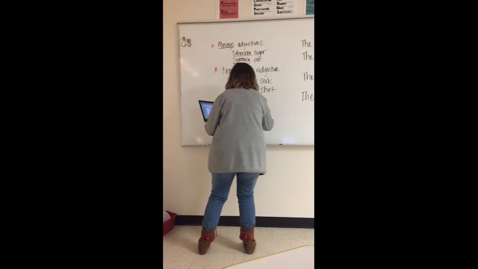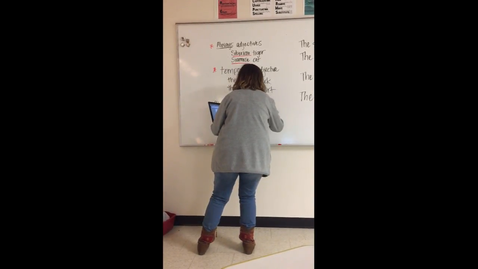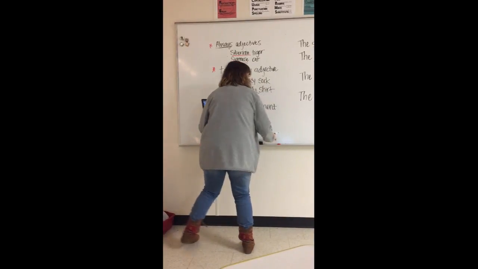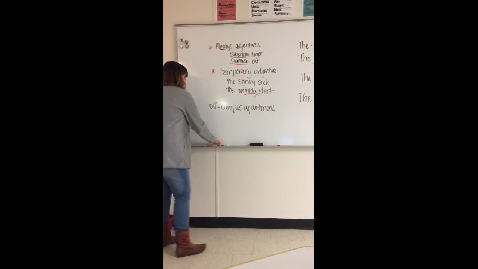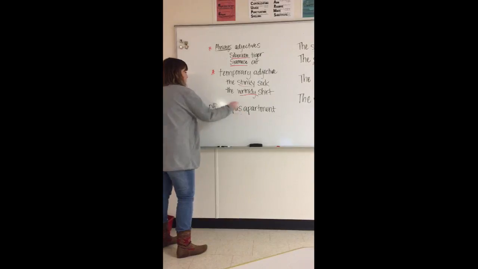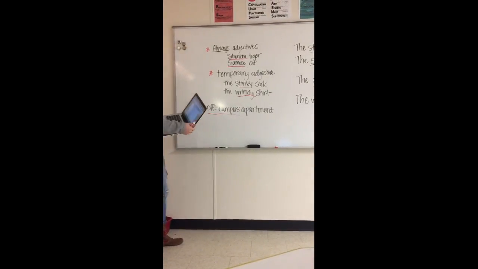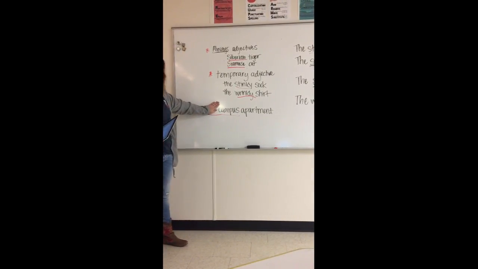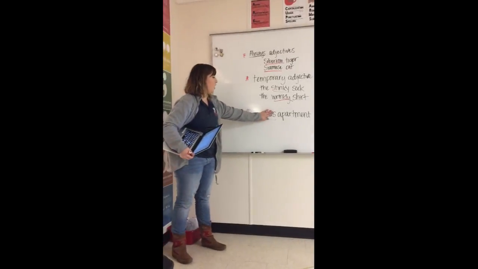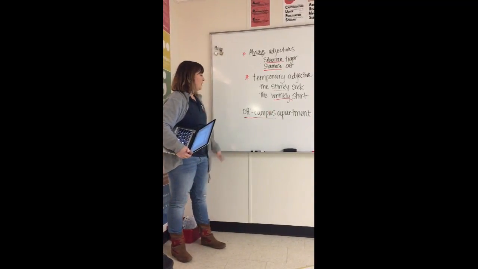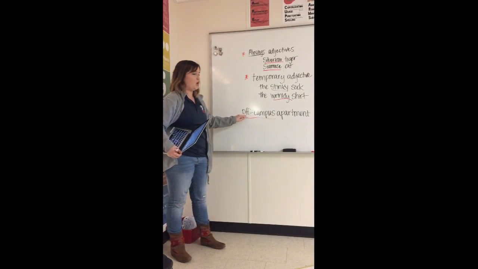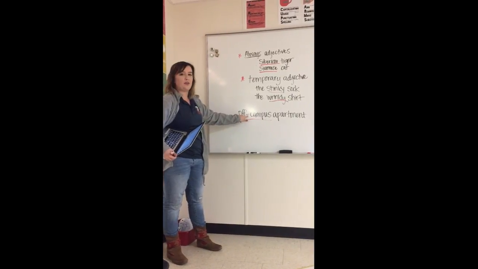Off-campus apartment. What kind of apartment was it? It was an off-campus apartment. Can it be a campus apartment? No. Can it be an off apartment? No. So these two things can't stand alone, so you glue them together with a hyphen.